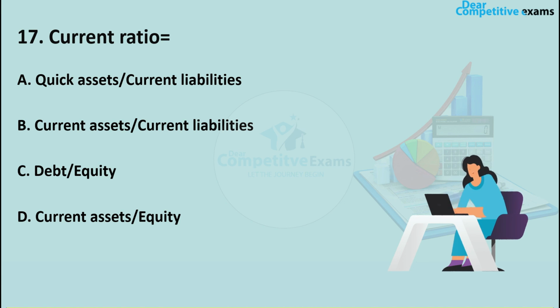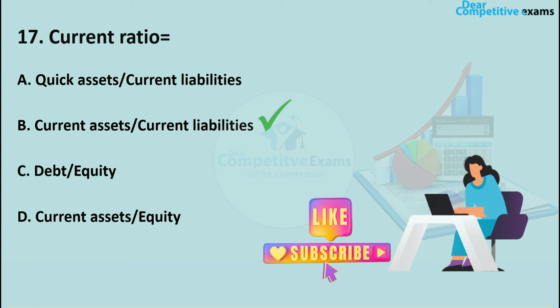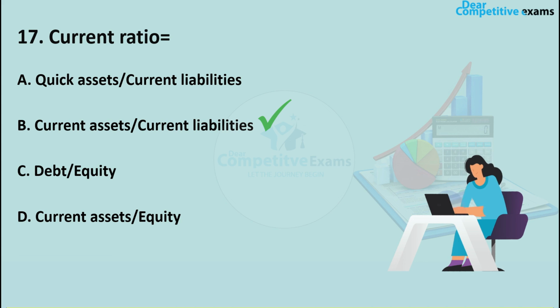Here the right answer is current assets divided by current liabilities. Guys, the current ratio is a comparison of current assets to current liabilities. It is calculated by dividing your current assets by your current liabilities. Then only we get the current ratio, right?